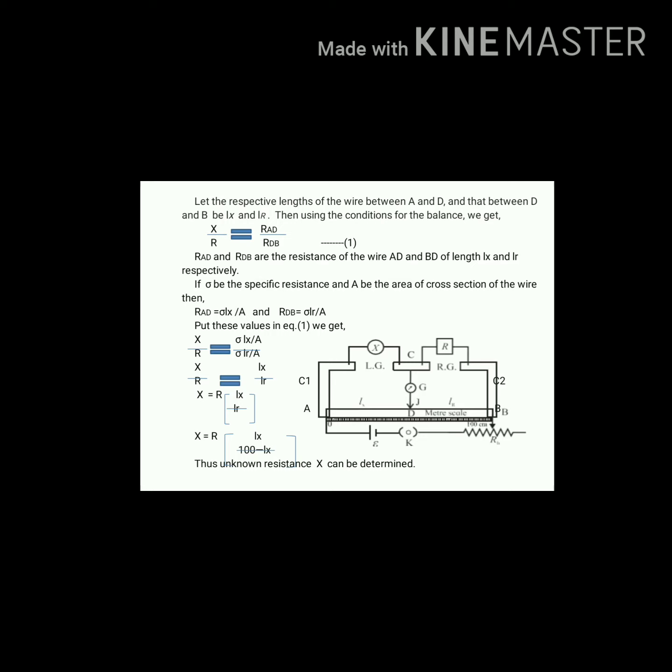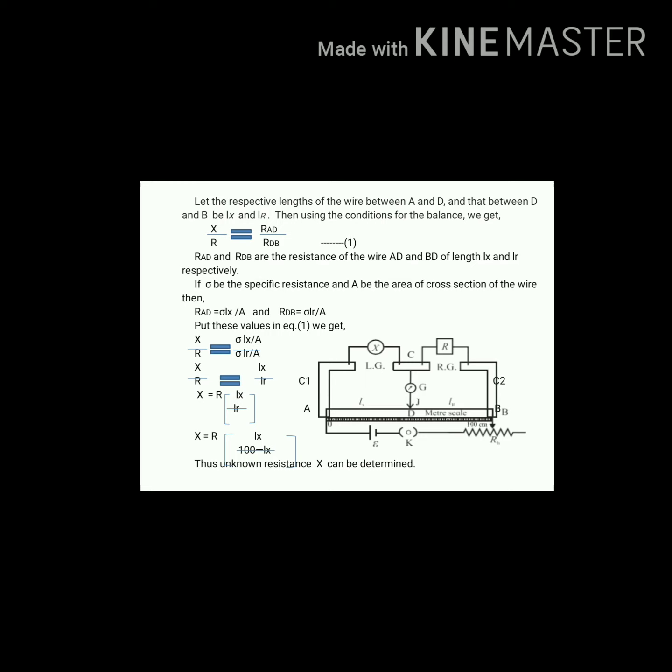Then X, R and the resistances of wire AD and wire DB form the 4 arms of the Wheatstone network. From the balancing condition we get X upon R is equal to RAD divided by RDB, that is the resistance of wire AD of length Lx divided by the resistance of wire DB of length Lr.